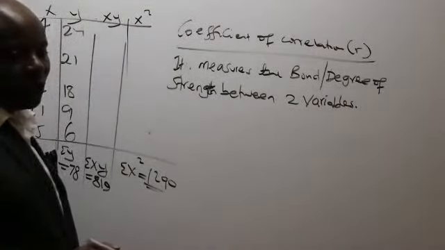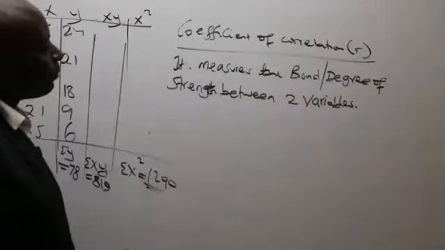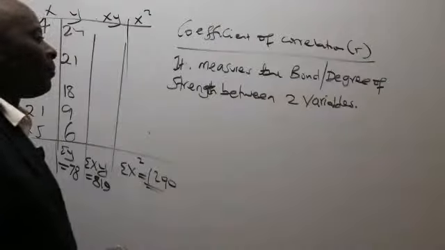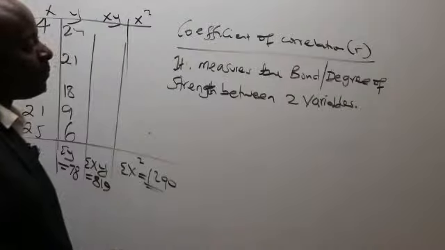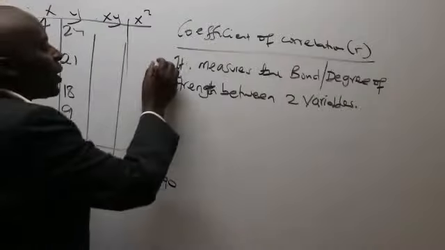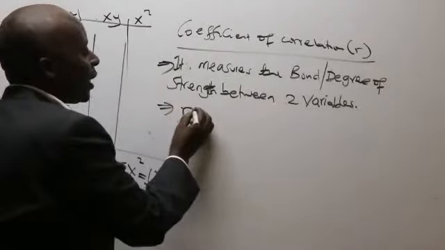Degree of strength between two variables, right? So then the question is, how do we calculate this R?